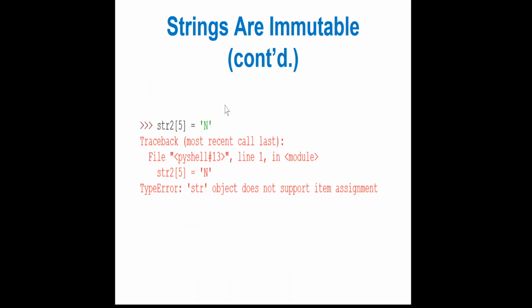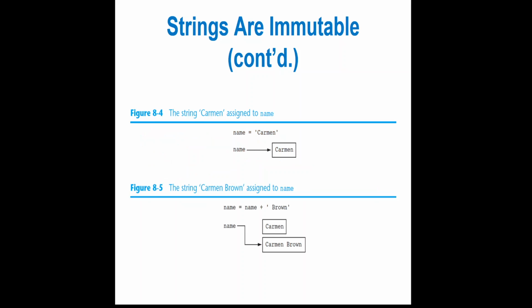Yes, a type error, as I mentioned earlier, because the string object doesn't support the change of an already created or assigned string. So that's why we cannot change the characters of a string after assigning it. We can take a copy of that string and modify that copy. That's possible.